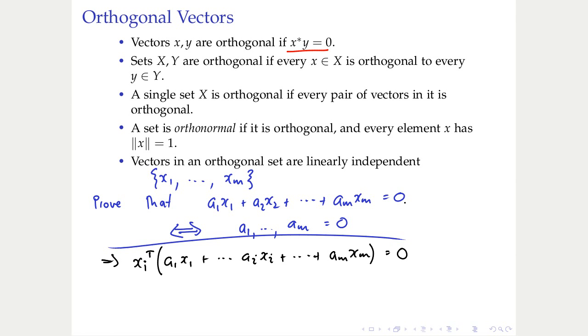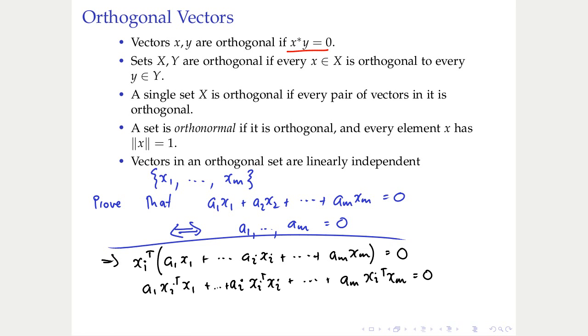We can expand this out, so we get a1 xi transpose x1 plus ai xi transpose xi, plus am xi transpose xm equals 0. I'm working with real vectors here. I could be using a star instead, but I'll just mix that up a bit. It's just expanding that expression.